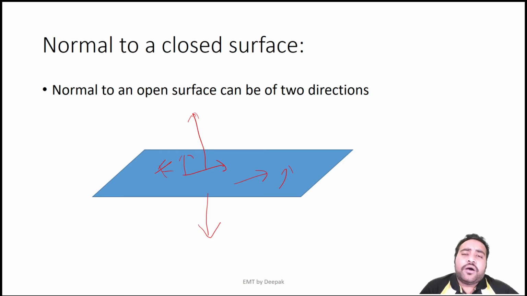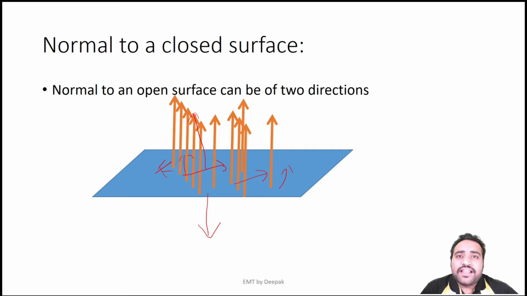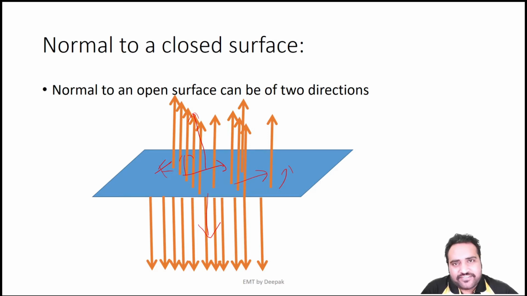Now, which of them is the correct answer? Both of them are correct. That is, the normal can have both directions. A vector going upward is also a normal to the surface. A vector going downward is also a normal to the surface.